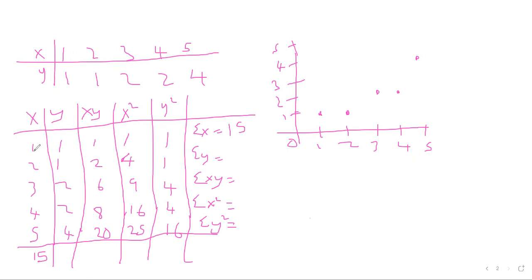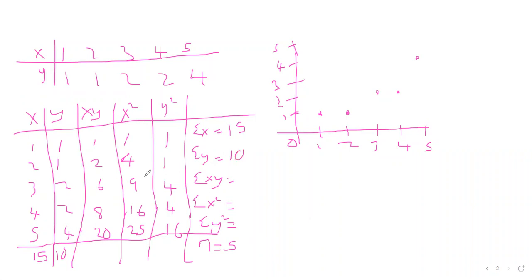Now n, how many are they? 1, 2, 3, 4, 5. N is 5. N is 5 throughout because each one has 5 elements. What is summation of y? 4, 8, 10. Put your 10 here.